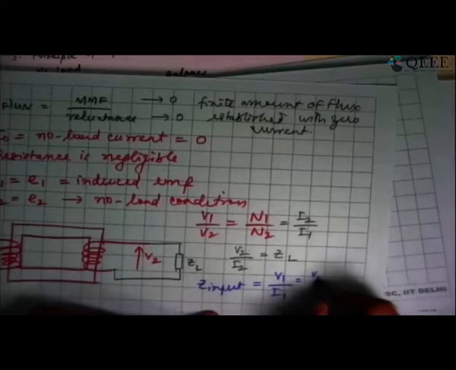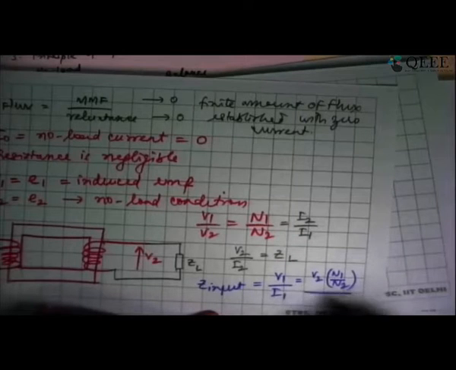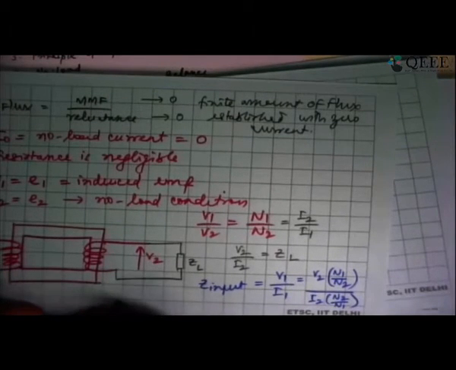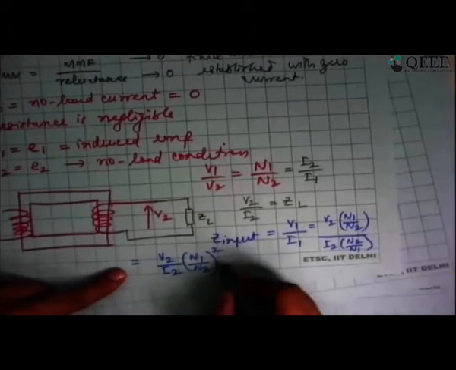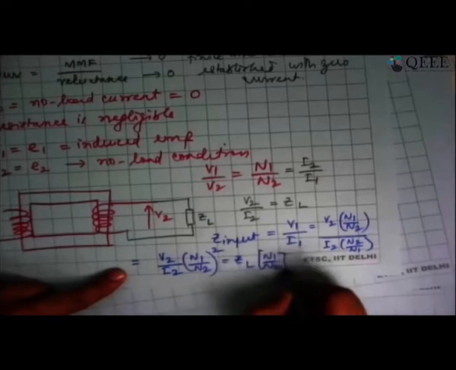But I also know that V1 equals V2 into N1 by N2, and instead of I1 I can write I2 into N2 by N1. So this is V2 divided by I2 multiplied by N1 by N2 the whole square, which is ZL into N1 by N2 the whole square.